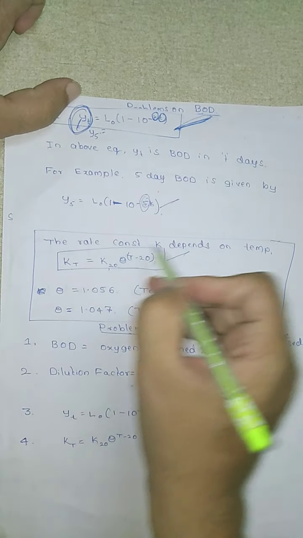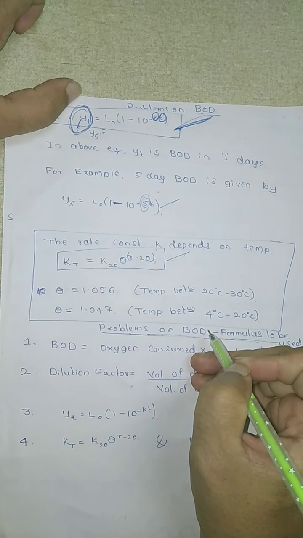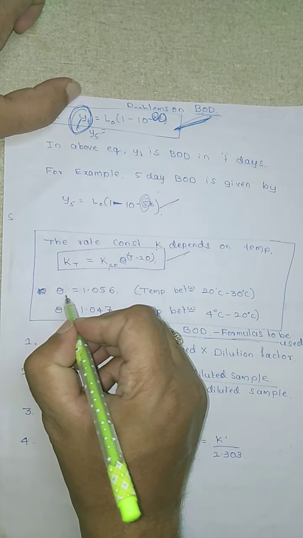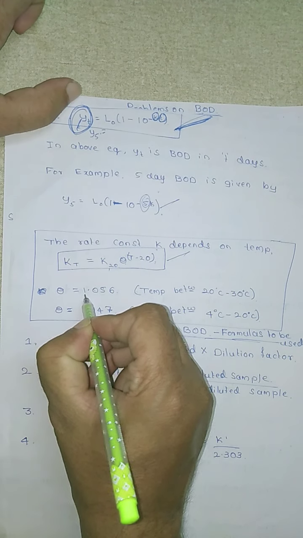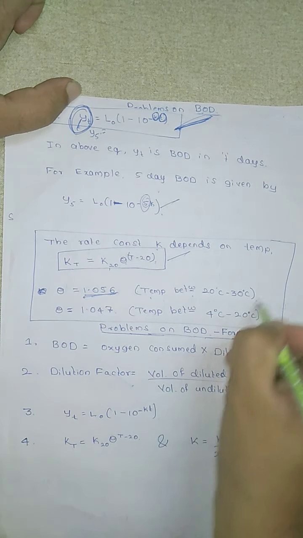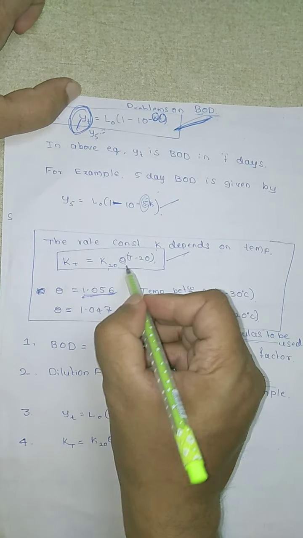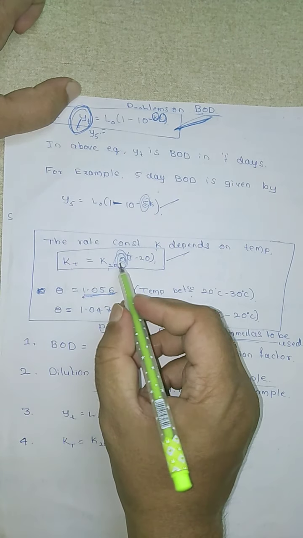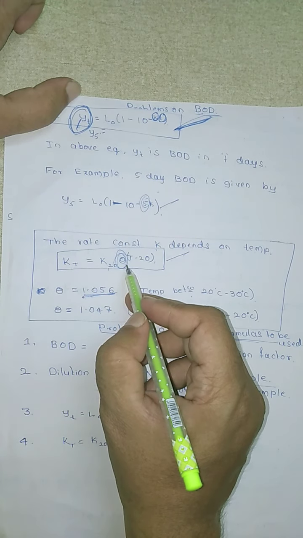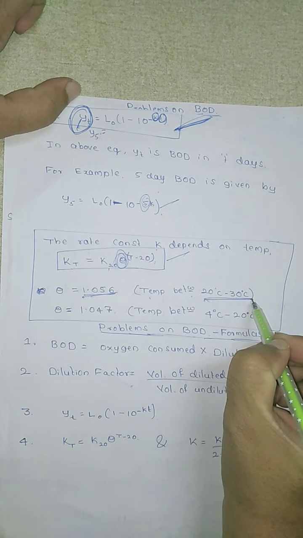As the rate constant k is dependent upon temperature, the theta value will be equal to 1.056 if the temperature varies between 20 to 30 degrees Celsius.